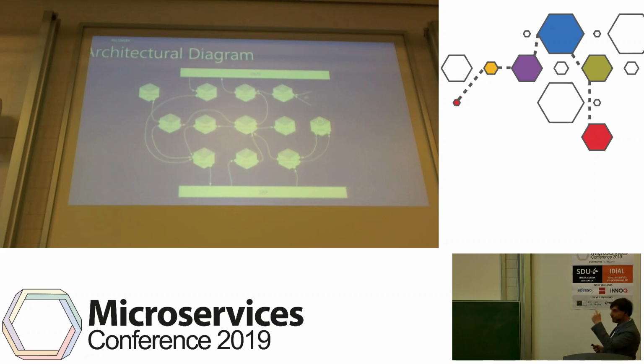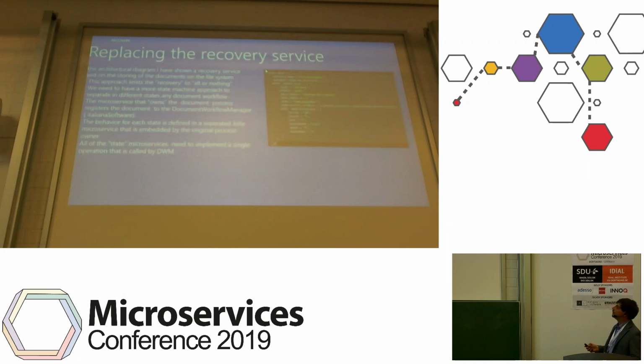In the first version, we had a file-based recovery, right? This had a kind of disadvantage, because it's what I call recovery or nothing. I had to go through the entire workflow, or I couldn't have steps. So with our technical partner, Italiana Software, we introduced a new element.